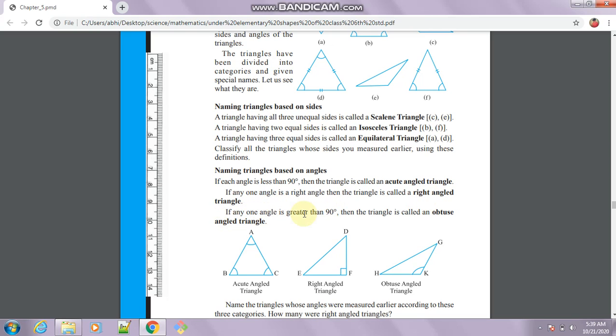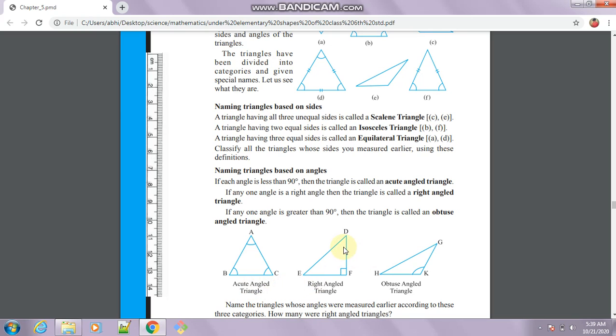If one of the angles is greater than 90 degrees, it is called an obtuse angled triangle. See here, if each angle is less than 90 degrees, it is called an acute angled triangle.